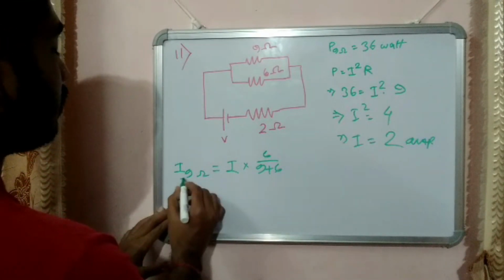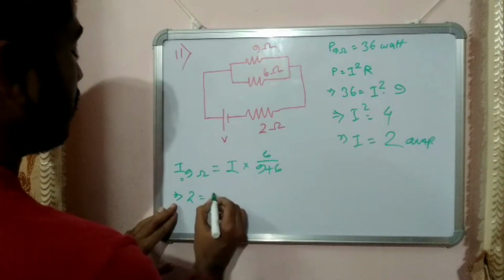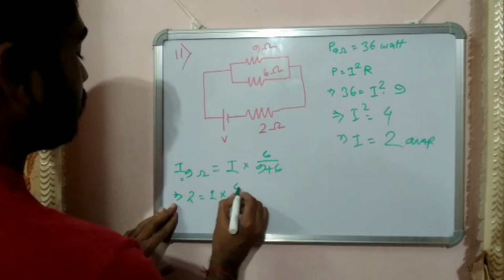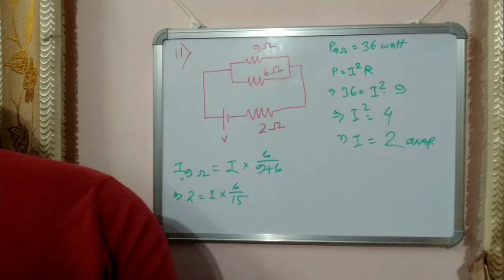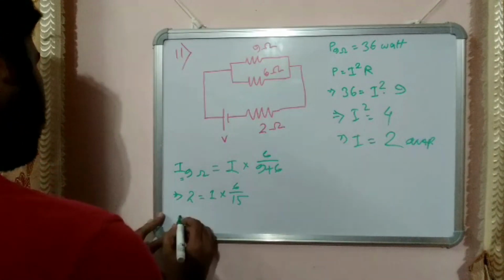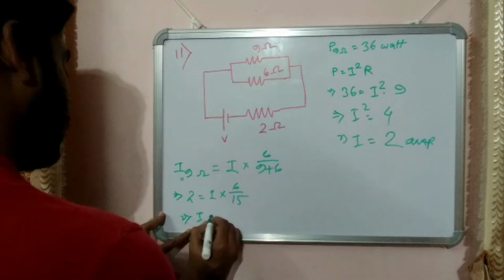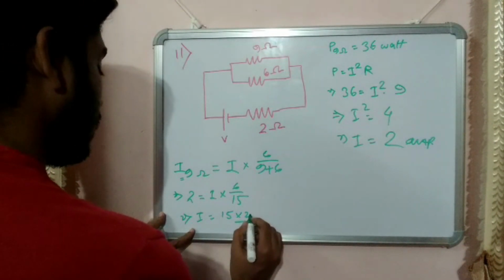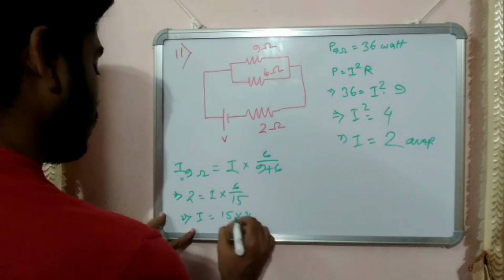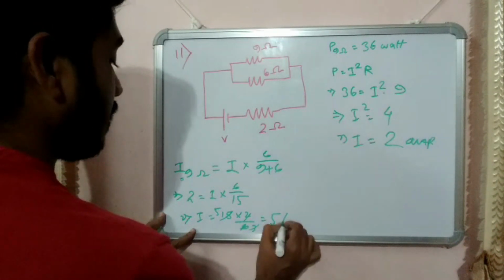We know this is 2, so 2 equals I into 6 by 15. So I is 15 into 2 by 6, which is 5 ampere.